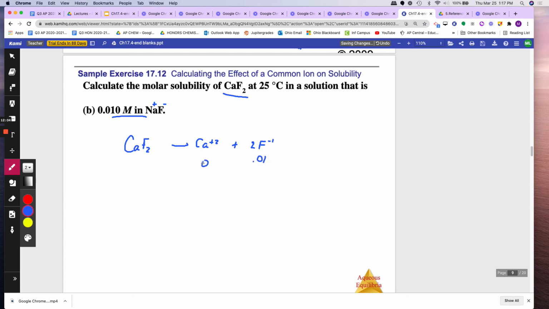And you don't have any of these. Okay, so CaF2 solid will go to the right, so it'll be plus X. And don't forget, plus 2X, that's what messed me up last time. So this will be X, 0.01 plus 2X.